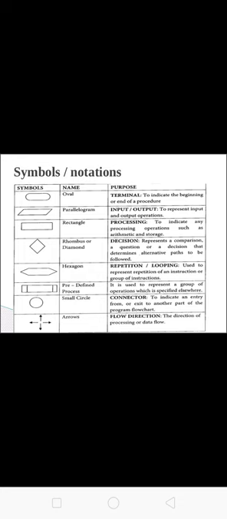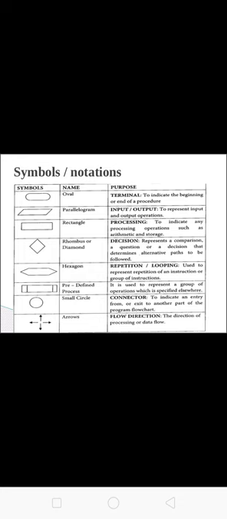Next one is hexagon. Hexagon is used for repetition or looping statements. Next one is predefined process. Predefined process is used to represent a group of operations which is specified elsewhere.